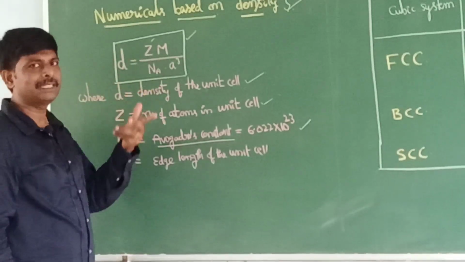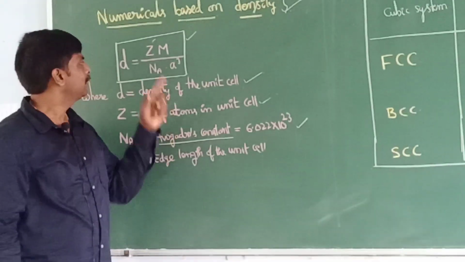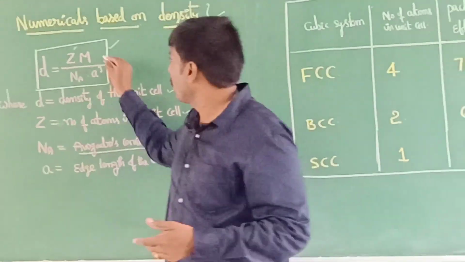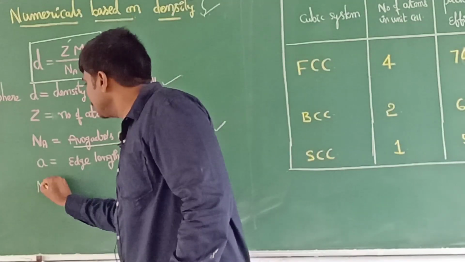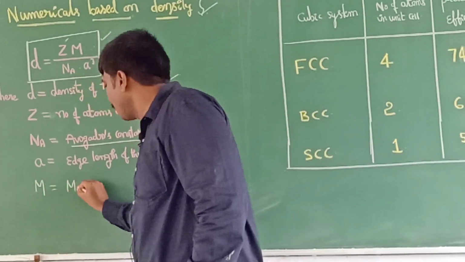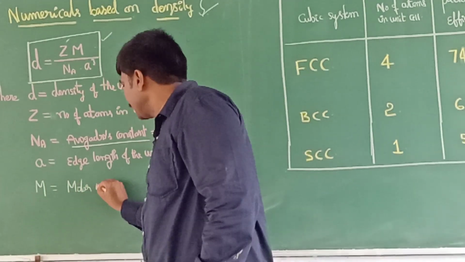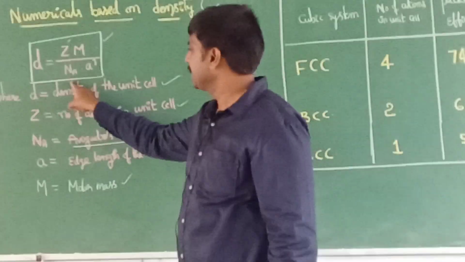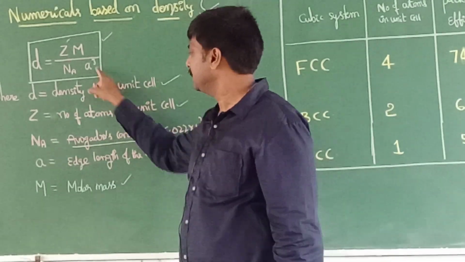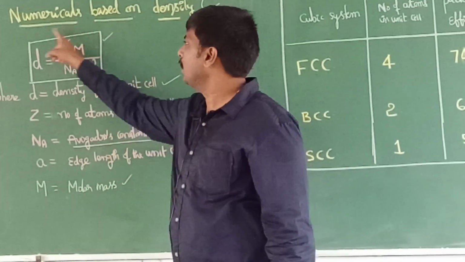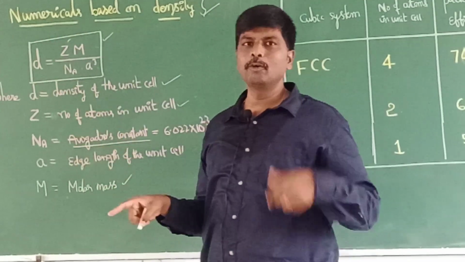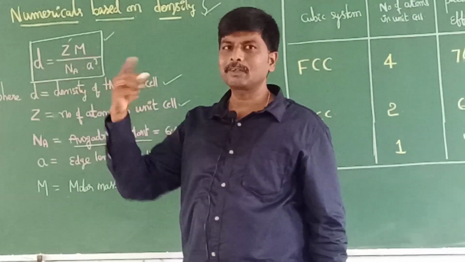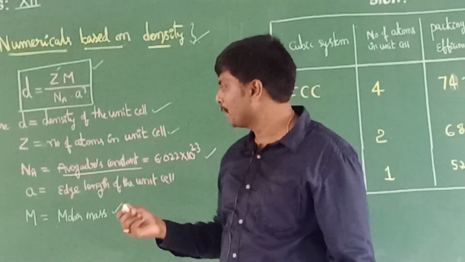One quantity is density of the unit cell, Z number of particles, M molar mass, the molar mass of the metal or crystal, whatever the crystal. Na is Avogadro's constant. A is edge length. Out of 5 quantities in a numerical, they will give 4 quantities and they will ask to calculate the other one, the 5th quantity.